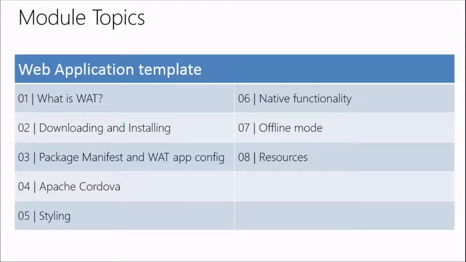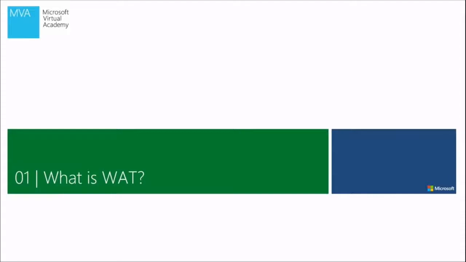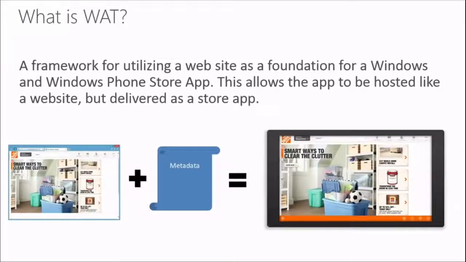We'll look at how you can style your application, what native functionality of the OS you can access, like camera and things like that. And my favorite feature is the offline mode. Absolutely. Being offline is something critical for an application, and we'll see how you can do that. And last but not least, we'll have a link to the various resources that will be useful for you as a developer.